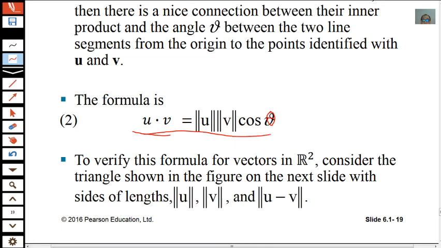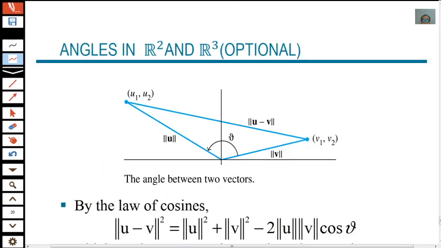To verify this formula for vectors in R square, consider the triangle shown in the figure. As you can see, U and V, the length of U, the length of V, and the angle between them is theta, and we want to calculate the dot product of them by using this angle.